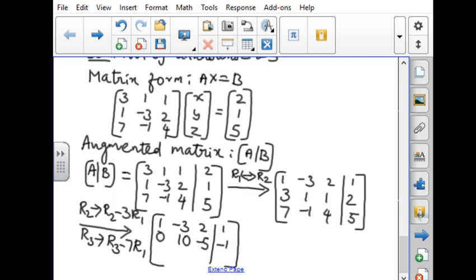Next third row: 7 minus 7 will become 0, and then minus 1 plus 21 will become 20, and then 4 minus 14 is minus 10. Last one, 5 minus 7, that is minus 2.